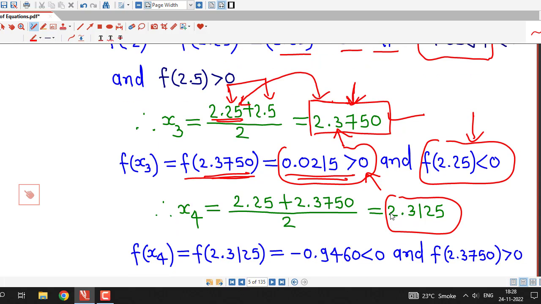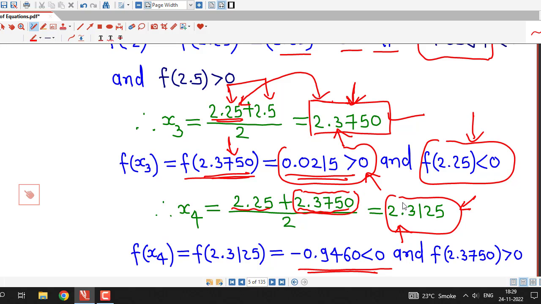After that I find out the value of the function at x4 and it turns out to be negative. So I have to check for which point out of these two the function is positive, and we know that the function is positive at 2.3750, and at this point the function is negative.